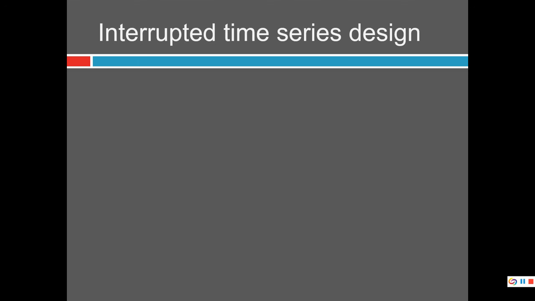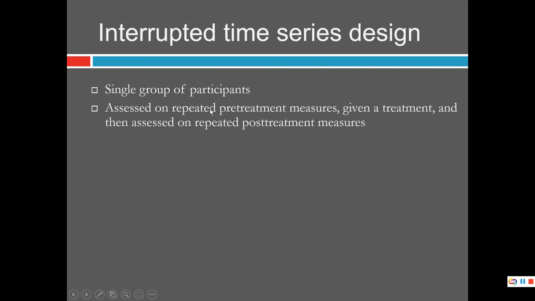Okay, the last two things that I'm going to go over kind of, again, build on these pre-test, post-test designs by adding multiple measurements pre and post-treatment. So an interrupted time series design goes back to our idea of having just one group of participants, but instead of just measuring once before a treatment, we're measuring several times before and several times afterwards.